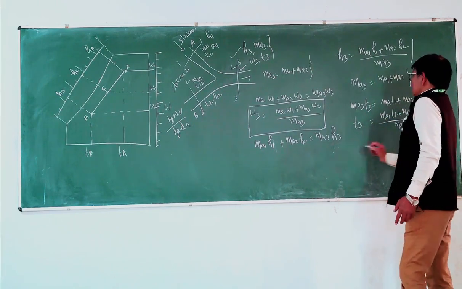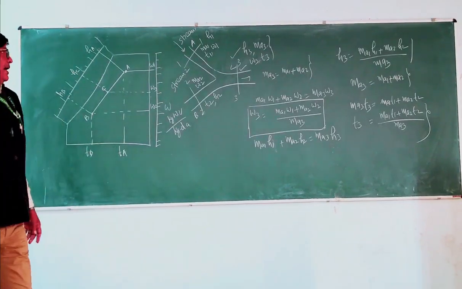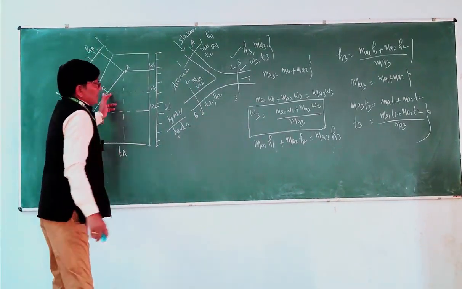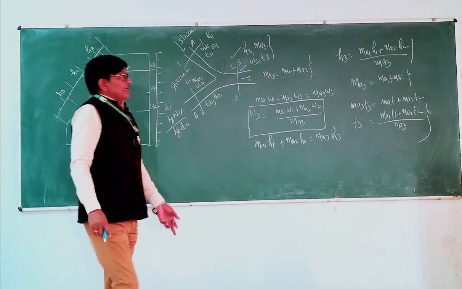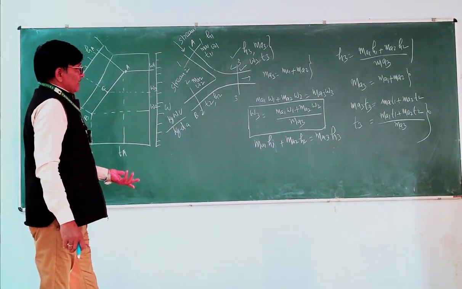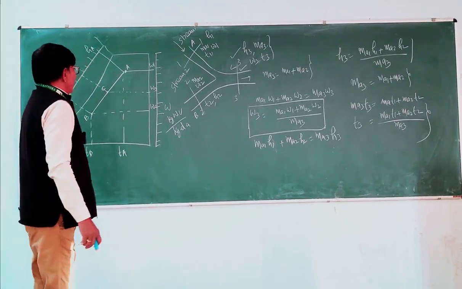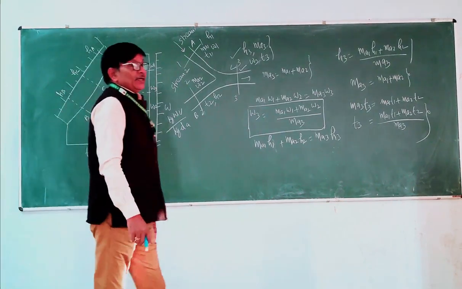There are three equations you can use for finding out the values at point C. Once you get any two values, you can find out the other values.